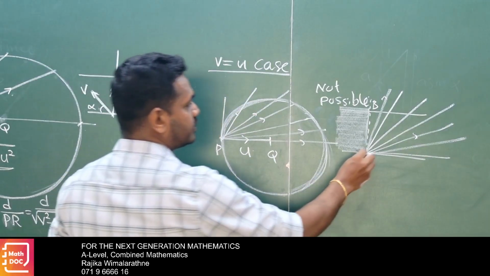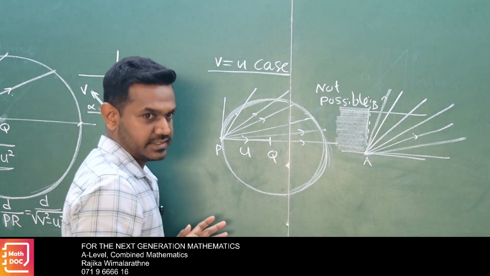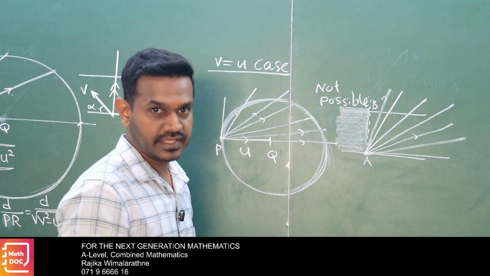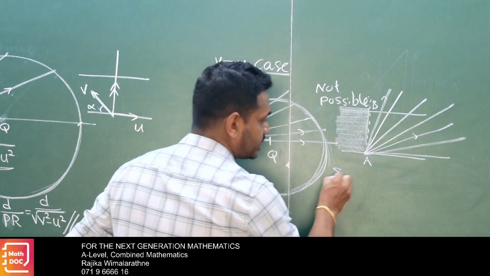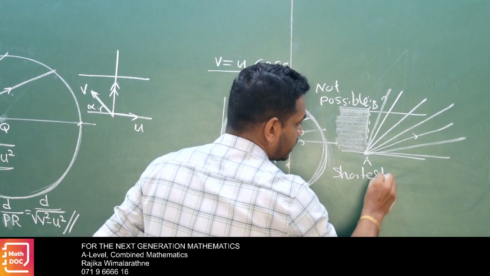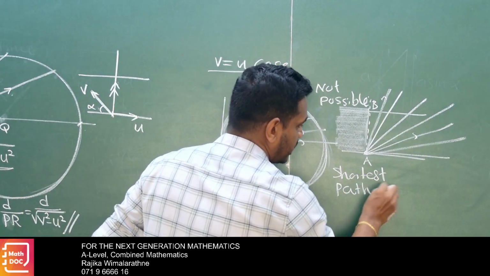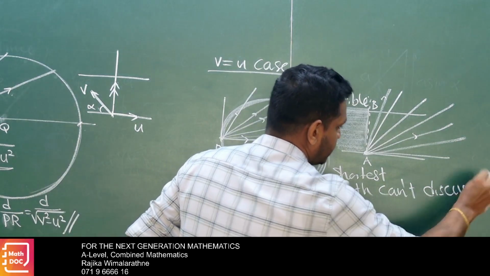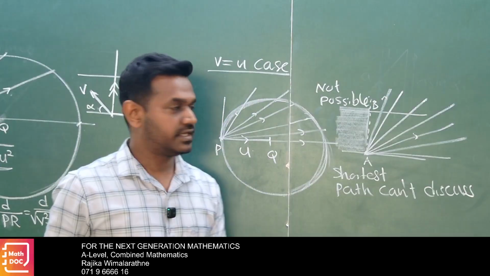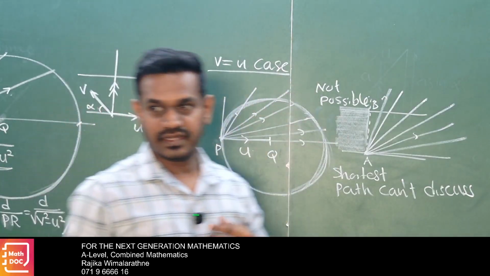Then the shortest path we can't discuss here. Directly opposite one, not possible. Then the shortest path, that part can't be discussed. Okay, complete.